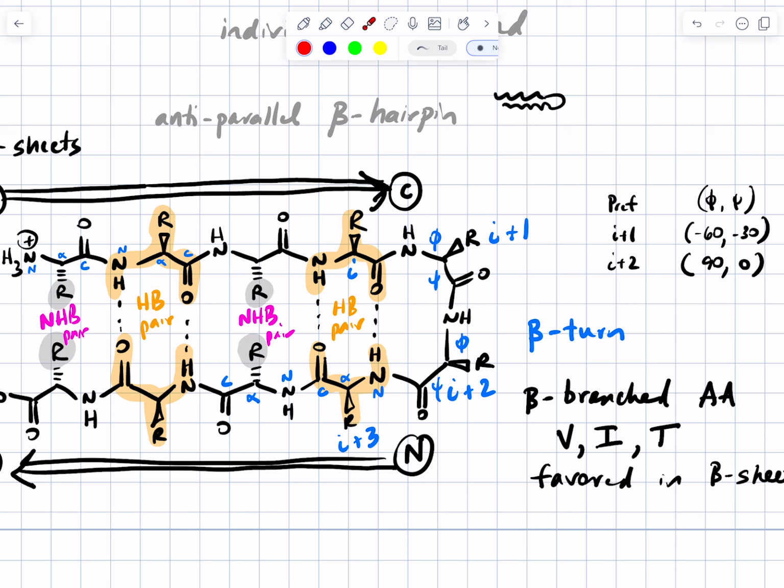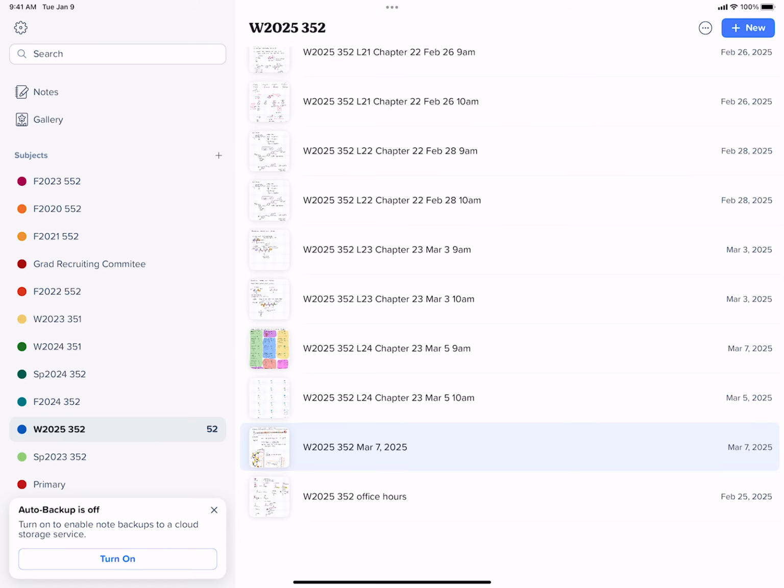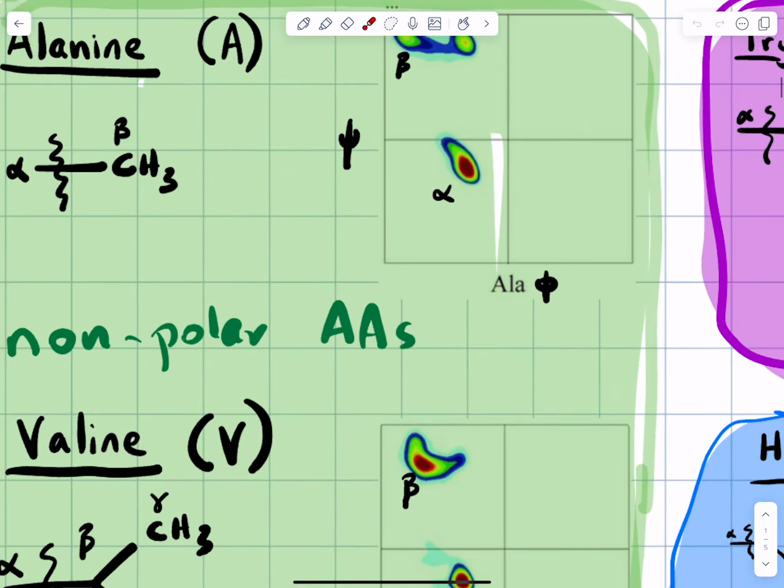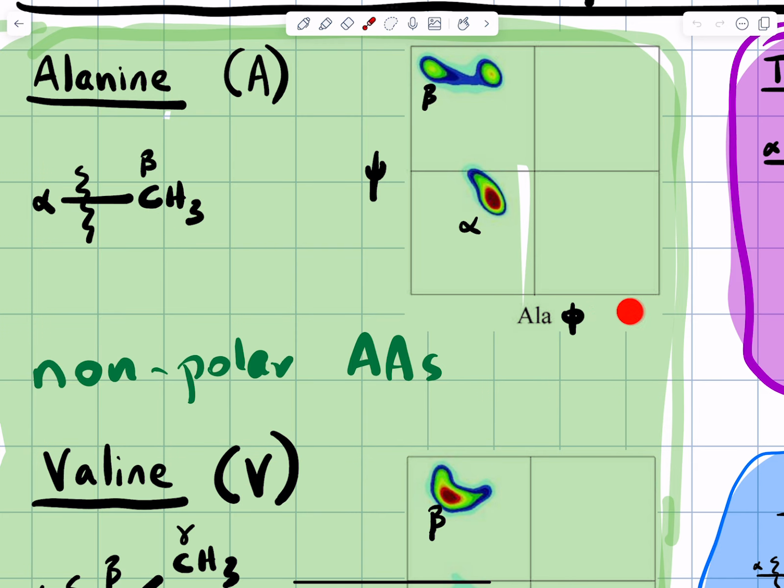But the I plus 2 position is weird. That's plus 90. Now, if you remember what we talked about last time about the amino acids, there's not very many amino acids that like to adopt dihedral angles in the plus 90 region of phi.